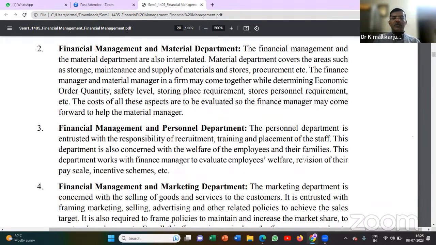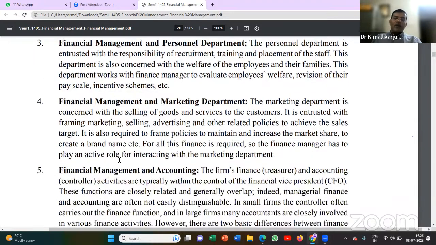Now the financial management and personnel departments. The personnel department is nothing but the HR department, where employee welfare, employee benefits, revision of pay scales, and incentive schemes are all decided by the personnel department and the financial department, both integrated also with the marketing department.